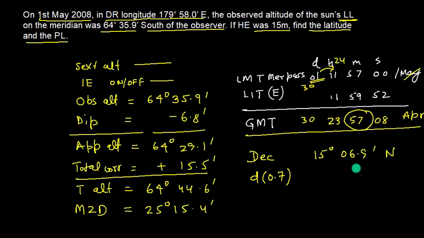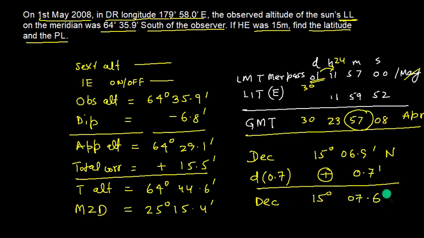So I apply this 0.7, and as we had observed that it is going to increase, I put a plus sign. Then we obtain declination as 15 degrees 07.6 minutes north.